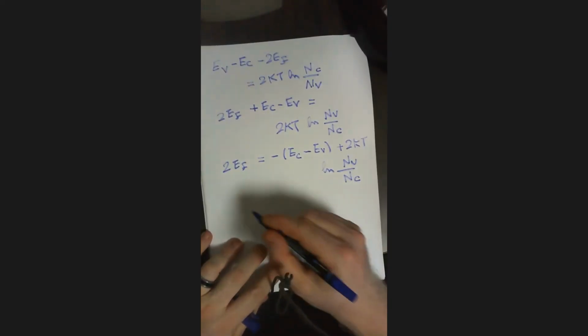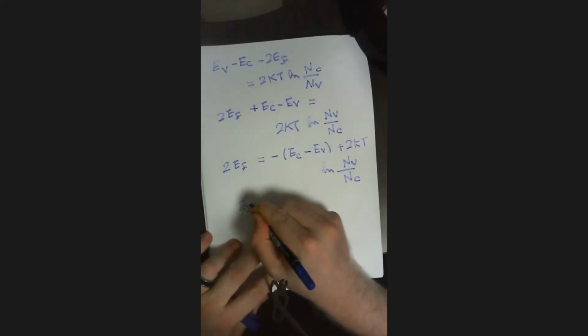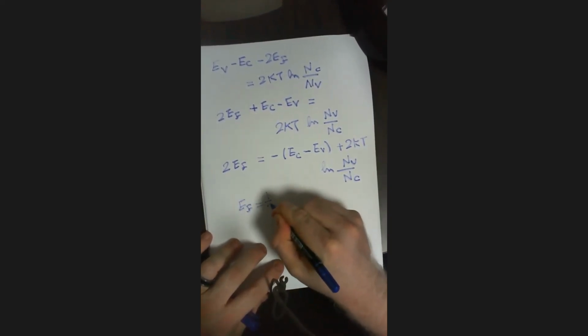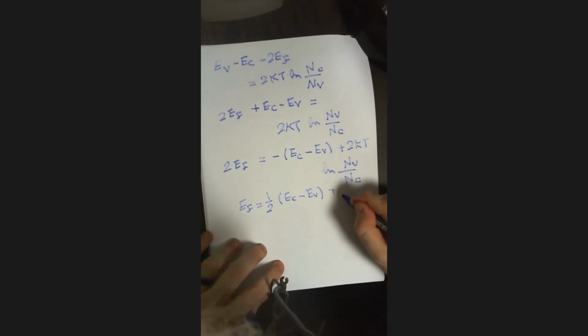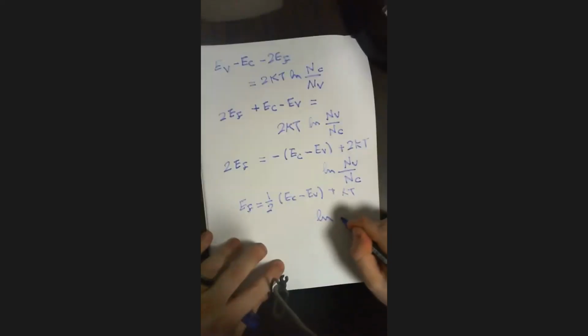And then you can easily find EF equals half of EC plus EV, plus KT over 2 ln of NV over NC.